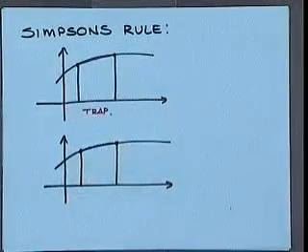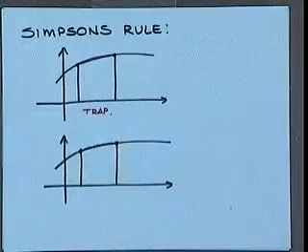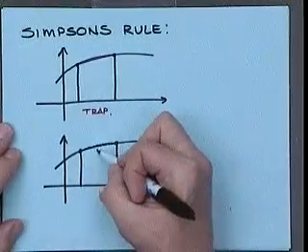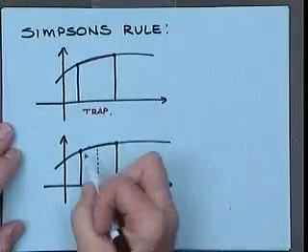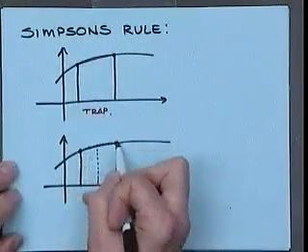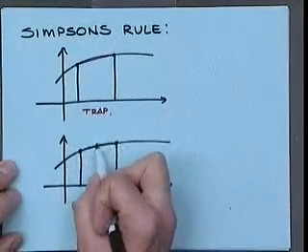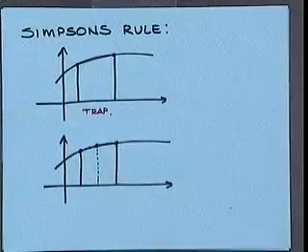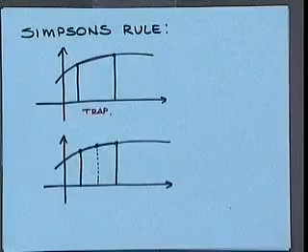Now, the procedure's actually subtly different from that, because to get a better fit, we're not only going to have to take the first point and the last point, we're also going to have to take a point that's in the middle. That allows us to fit the parabola a little better to this region.